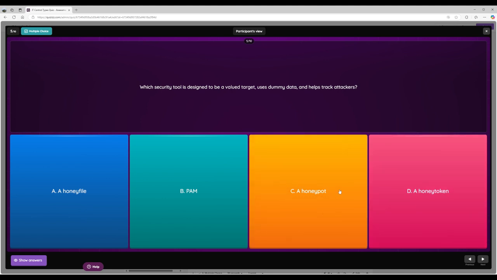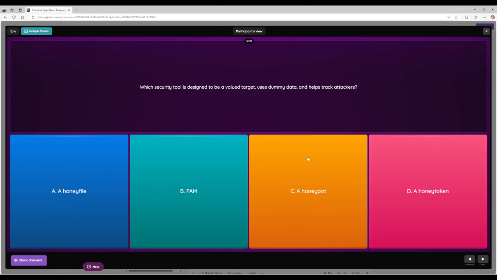A honeypot, we can essentially put anything there. A PAM, we can easily eliminate this. So let's assume that we don't know the answer. PAM is privileged access management. We can eliminate this, right? And a honey file does not use dummy data. And we can just look at the honey token.